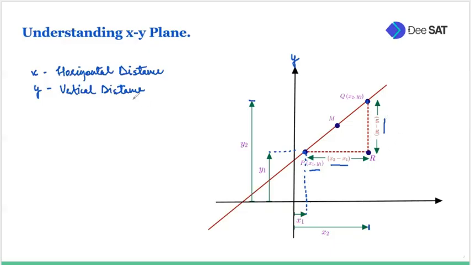Now, we need to understand how we can figure out the distance between 2 points in the coordinate plane. This is applicable for any 2 points in the coordinate plane. For example, we'll be finding the distance between P and Q. With the help of the Pythagoras theorem, we can easily see that a horizontal distance and a vertical distance form a 90-degree angle, with a triangle being formed, P, Q, and R. So the distance between P and Q can be represented as under root of (x2 minus x1) whole square plus (y2 minus y1) whole square.